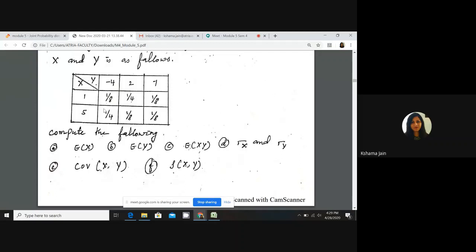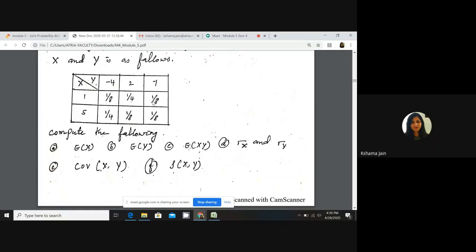Yeah, sure. See, marginal distribution means to take a separate distribution for each data of X and each data of Y. If X has two data, I am talking about the first only, that is 1. For 1, I need to take the marginal distribution of 1 only. The corresponding distributions are these. Add them together: 1 by 8 plus 1 by 4 plus 1 by 8.